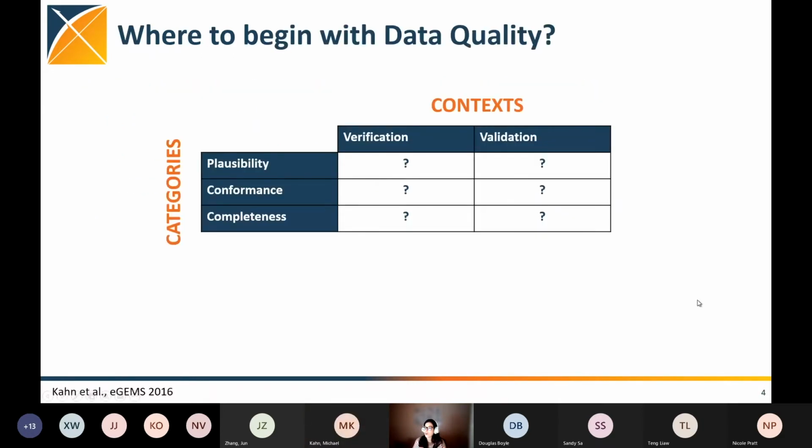We took that harmonized framework for data quality that Dr. Khan was talking through as we sat down to build this tool, and we weren't quite sure where to begin and what data quality checks we wanted to include.